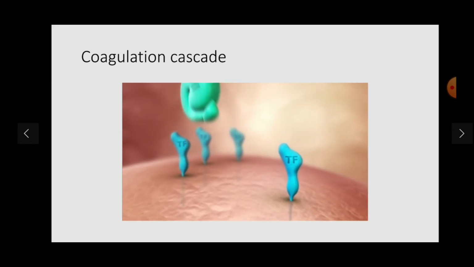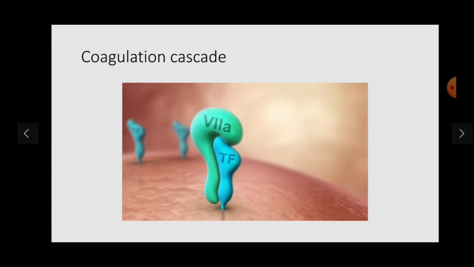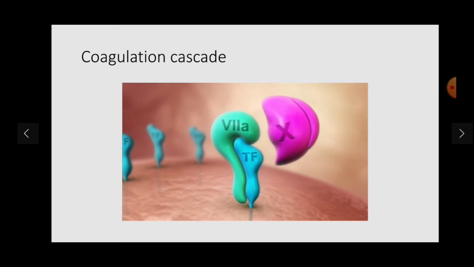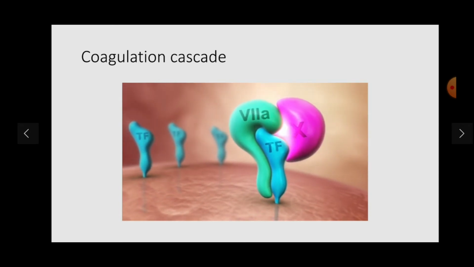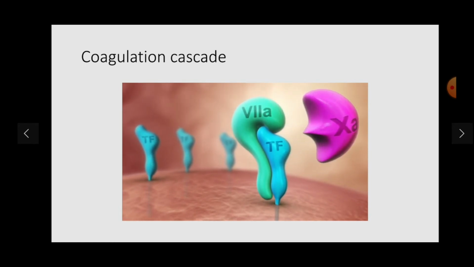Whenever tissue factor, or factor 3, is activated, it binds with factor 7 and activates factor 7. The tissue factor 7 complex activates factor 10 in the extrinsic pathway.